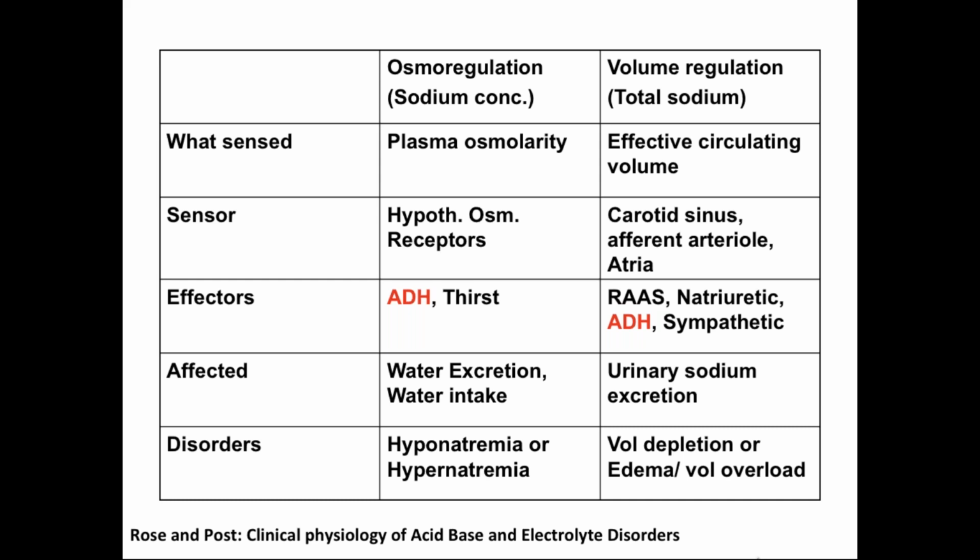So again, when you look at how the body regulates them, they are actually completely independent, and there is almost no overlap in how the body regulates volume and how the body regulates osmolarity. They are completely separate systems. The body treats them separately, and we, when we evaluate patients, should also evaluate these two entities separately.